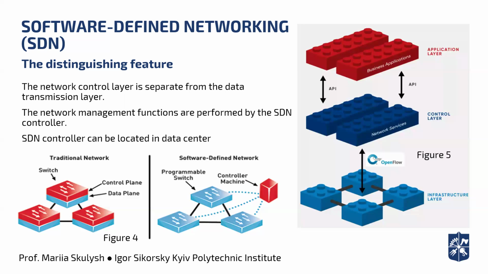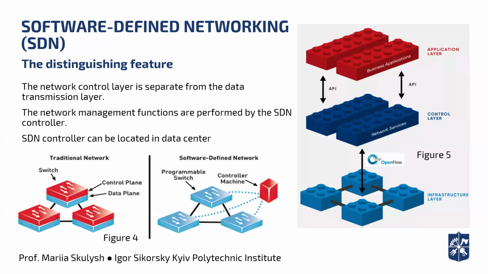The infrastructure layer asks the controller what to do with this request. It means we don't know the path. So if the infrastructure layer doesn't know the path for this packet, then it asks the controller layer.